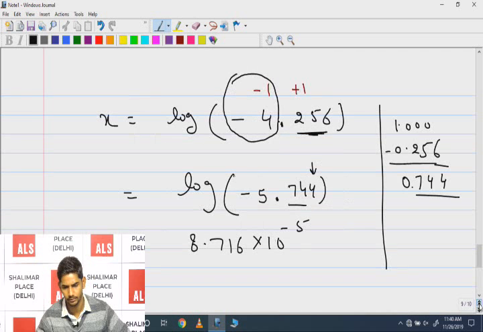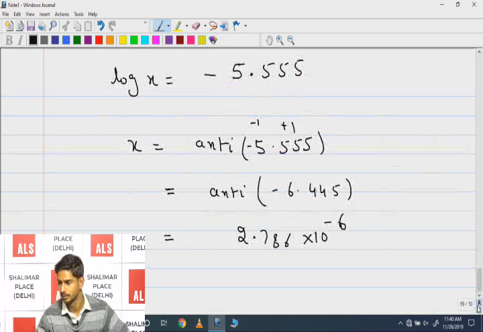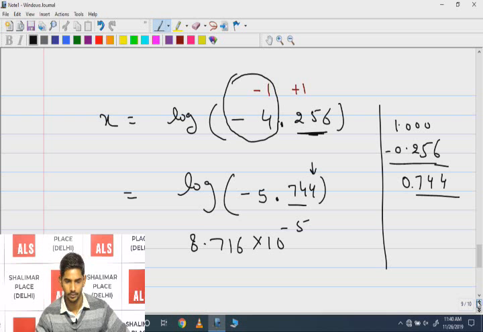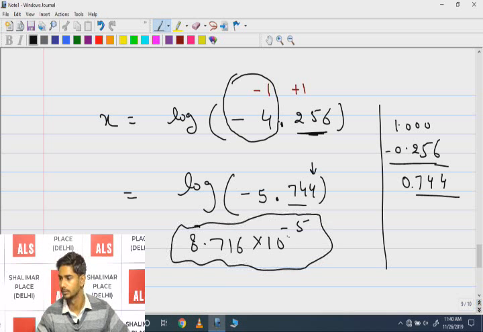Which one? Are you talking about this one? Wow. I have told you that you have to tell me the value of anti-log, not the log. Oh, okay, getting it. This is anti-log, guys.